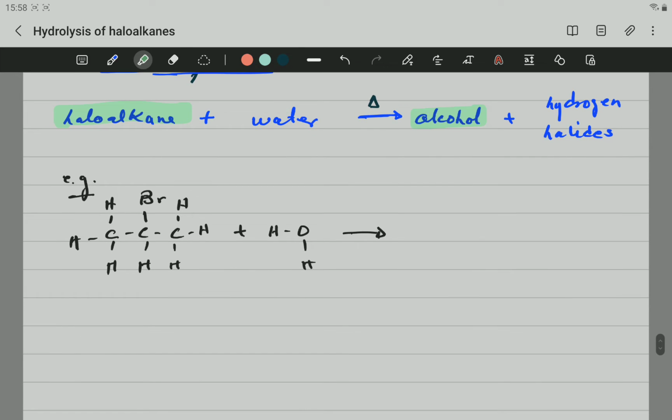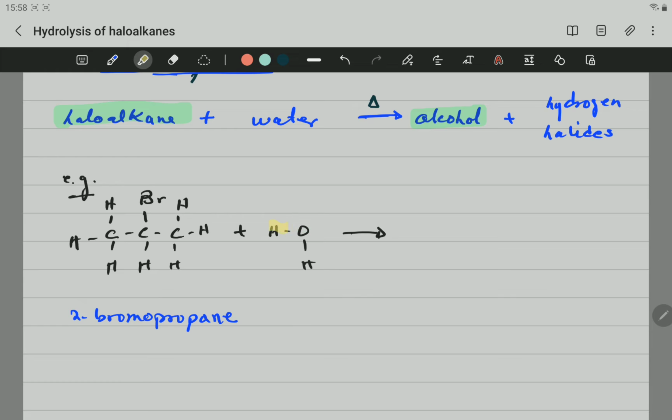The name of this haloalkane is 2-bromopropane. 2-bromopropane plus water. So what is going to happen?